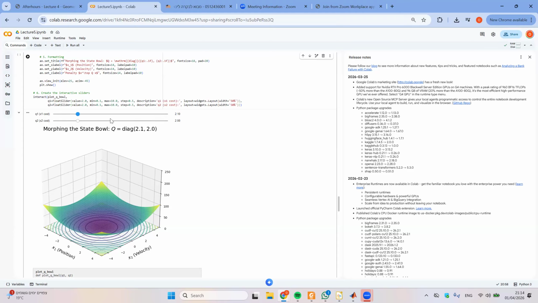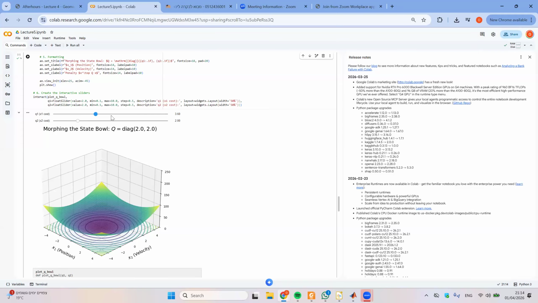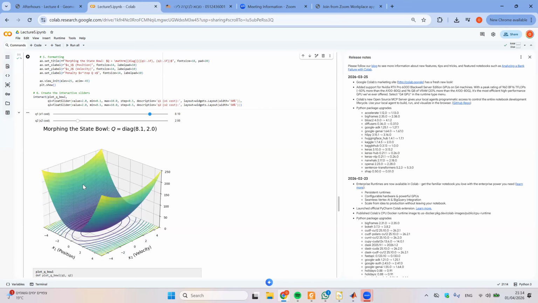So as we increase the value of Q1, the steepness along the x1 axis really increases. So suddenly, having a high value in x1 in absolute value costs a lot. So having a -4 costs a lot, having 4 costs a lot.